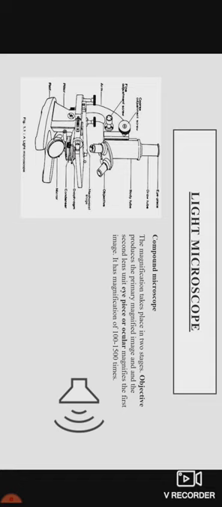Such a microscope uses light, generally sunlight, to illuminate the object or specimen under study, and hence it is also called light microscope. It has the magnification capacity of 100 times to 1500 times. Means the image of the object can be seen 100 times to 1500 times bigger than the actual object.